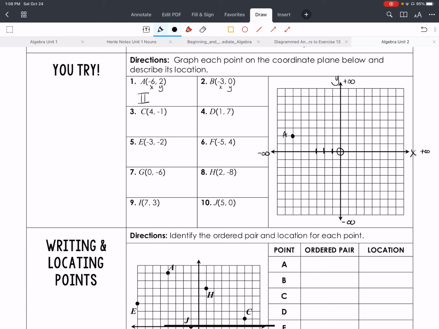So I'm supposed to be at 0 on the Y number line, and I'm actually already at 0 on the Y number line. So I would just place my point. B goes right there. And I will erase my other little lines. That is not in a quadrant. It's sitting on one of the dividing lines. So we just name the dividing line it's on, and that's the X-axis.